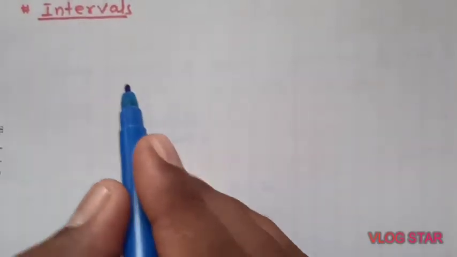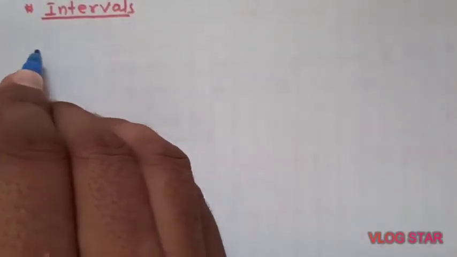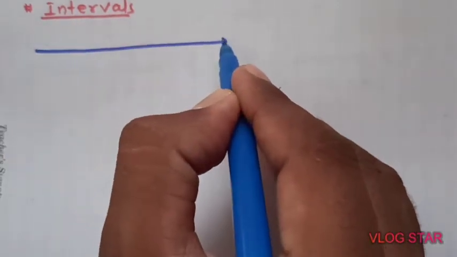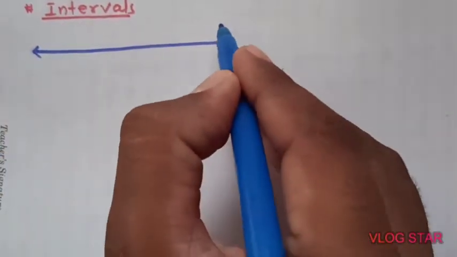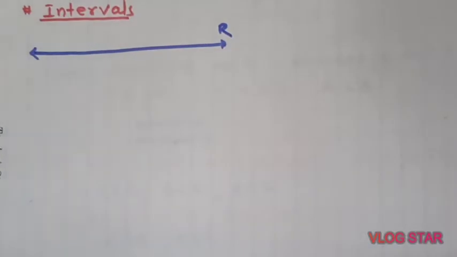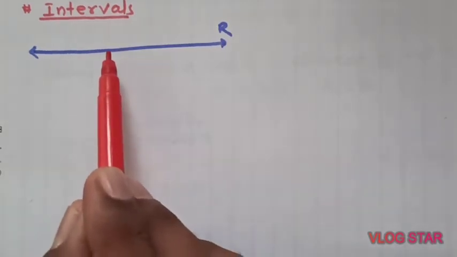What are intervals? Intervals are subsets of the real numbers. Consider the real line, the set of all real numbers. You know that every real number can be associated with a unique point on a number line.